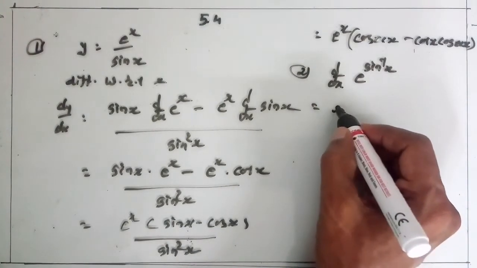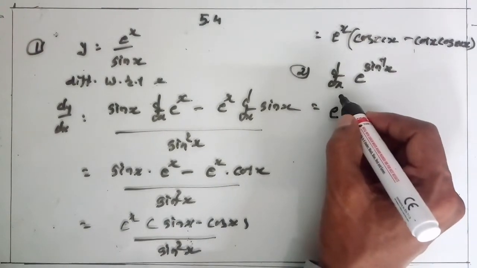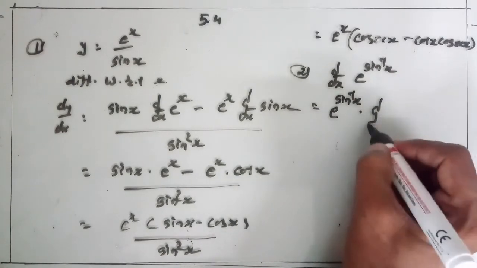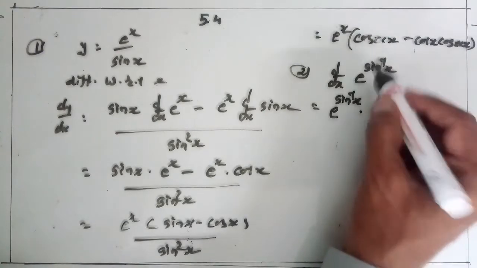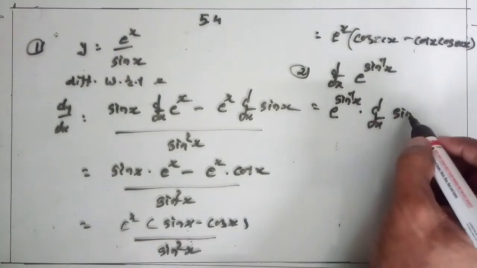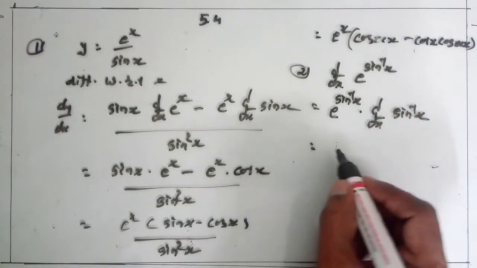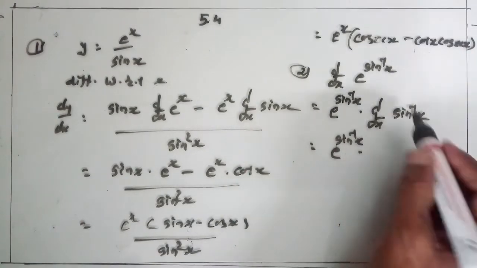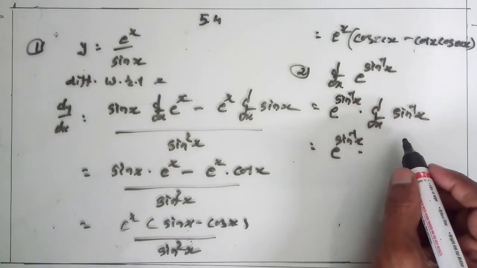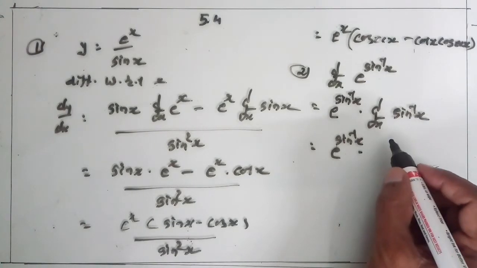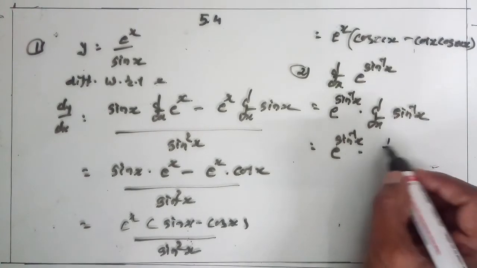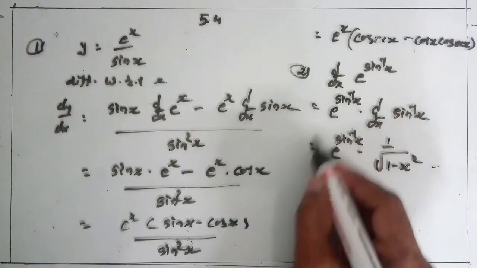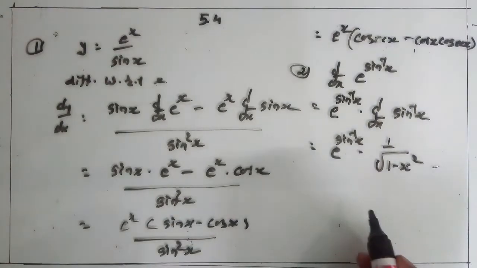So the derivative of e raised to sin inverse x is e raised to sin inverse x into the derivative of the inner function sin inverse x. So it is equal to e raised to sin inverse x into the derivative of sin inverse x. You know that. What is the derivative of sin inverse x? 1 upon root of 1 minus x square. Clear? So this is the derivative of the given term.